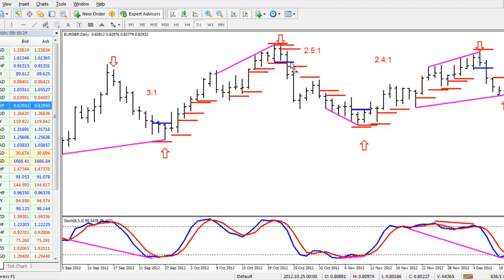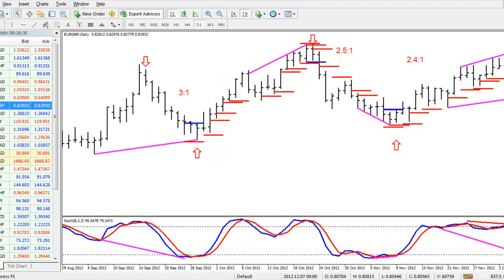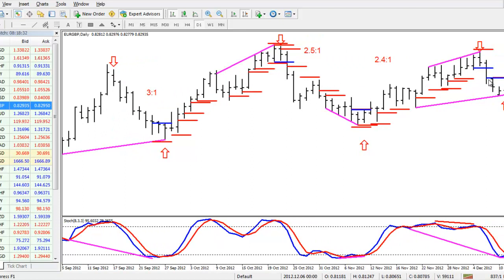That means that now we have an entry level to buy, where this blue line is, and we have our stop loss underneath this low bar here, because this bar is indeed the lowest low of the last 3 bars, less the 8 pips. And we're now going to carry on with our 3 bar trailing stop to reduce the risk on the trade and potentially lock into profits as the trade progresses.